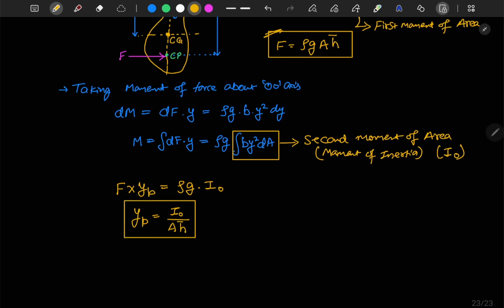Now if we use the parallel axis theorem here, what will we obtain? What is the parallel axis theorem?